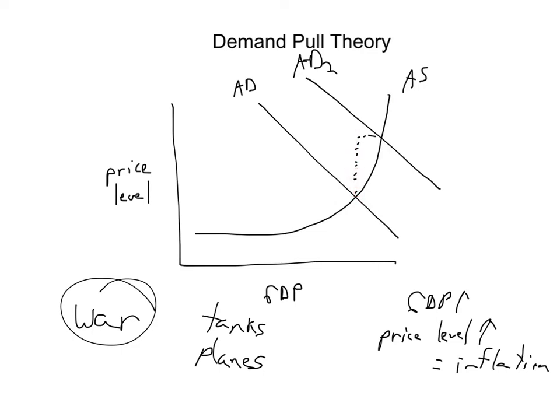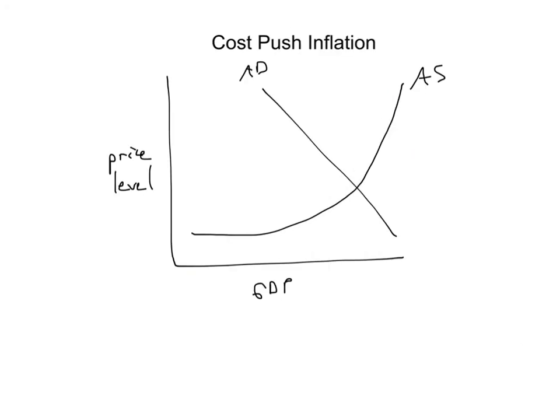That's demand pull inflation. Then there's cost push inflation, which instead results usually from a negative supply shock. So instead of aggregate demand changing, what this means is that aggregate supply has decreased. Okay, and as you can see, this causes the price level to go up and GDP to go down. You might also think of this in terms of stagflation, because you're seeing GDP go down.